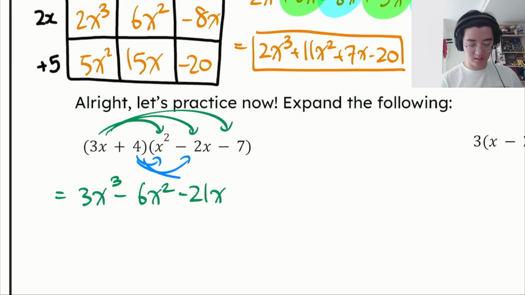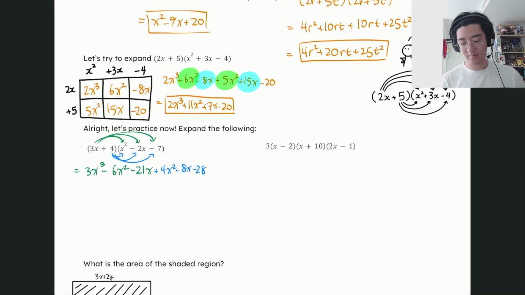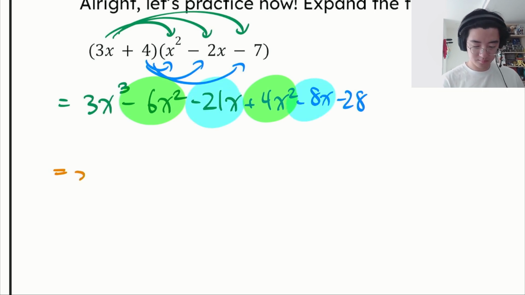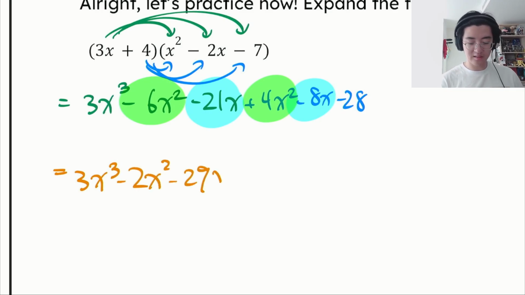And in the second term, multiply to everything. So 4x squared, minus 8x, and then minus 28. We got the squares and then the x. Negative 6 plus 4 is negative 2. Negative 21 minus 8 is negative 29.